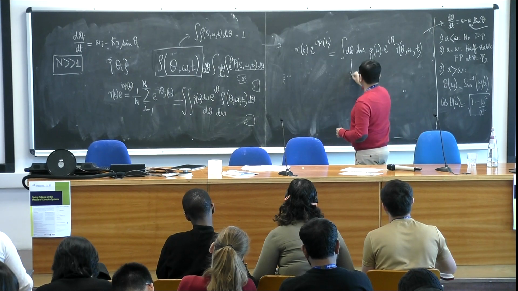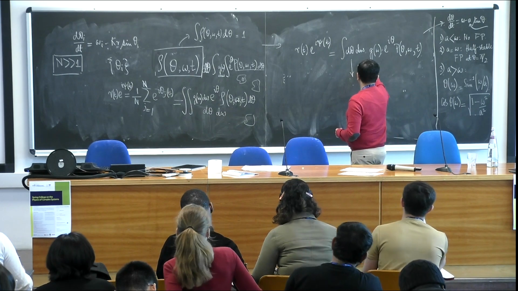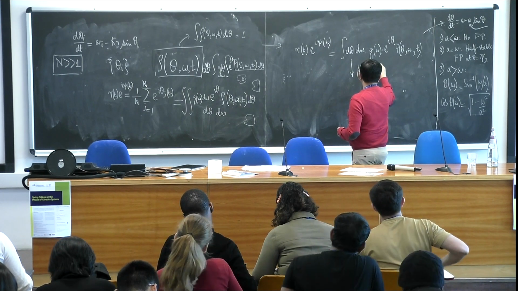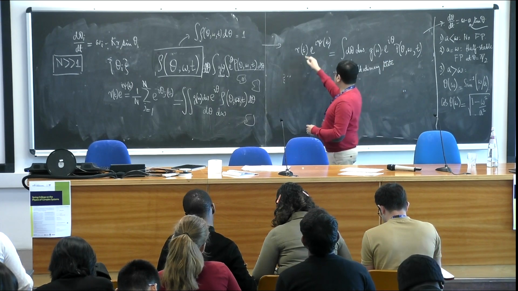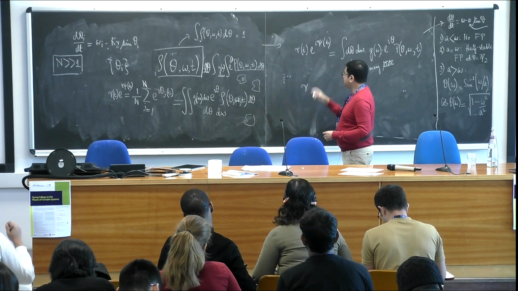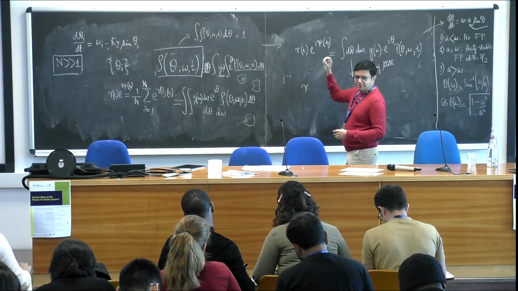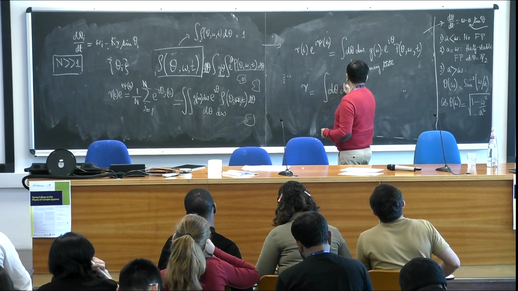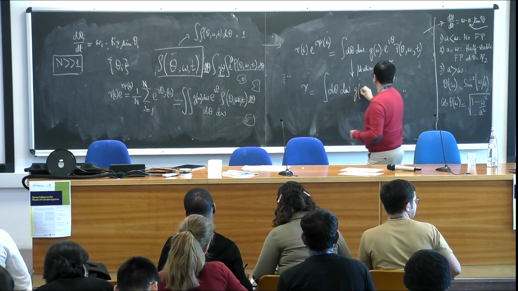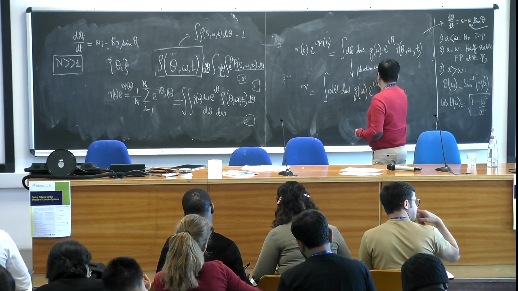And in the stationary state, what happens? So this becomes r, time independent. Psi, we decided to put it to 0 in the stationary state. So this is equal to the integral d theta d omega g omega e to the I theta.